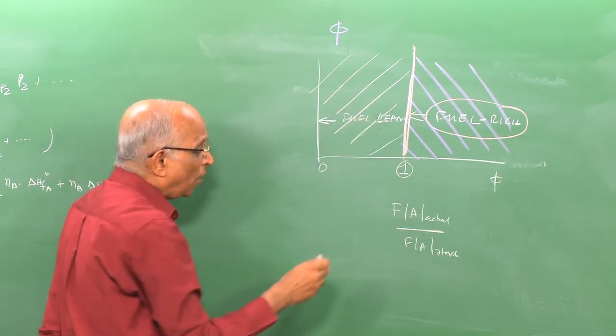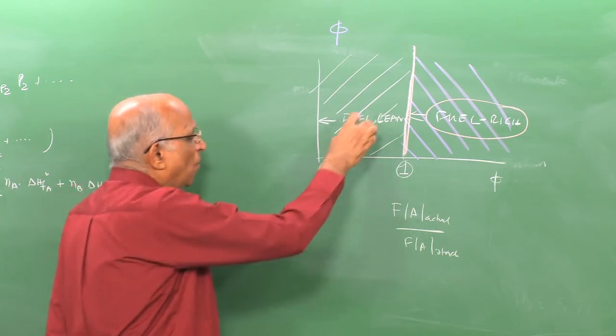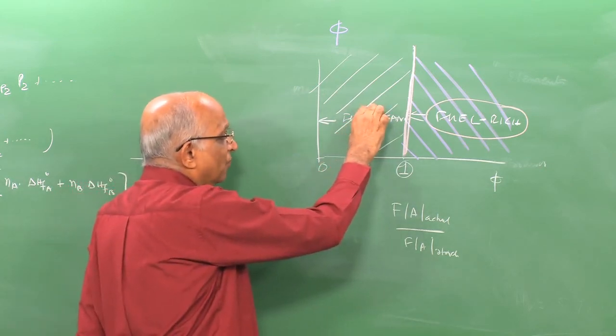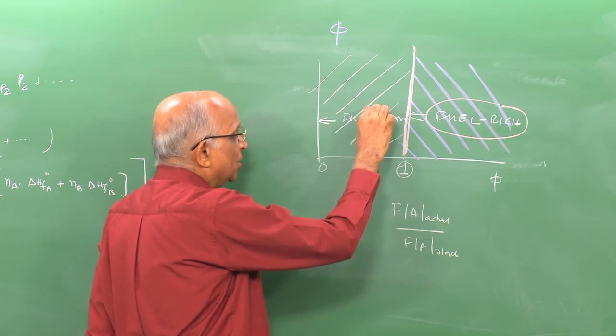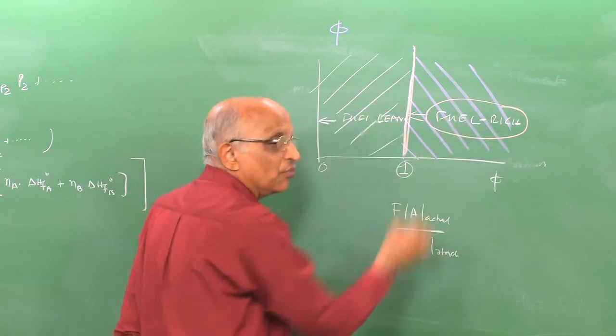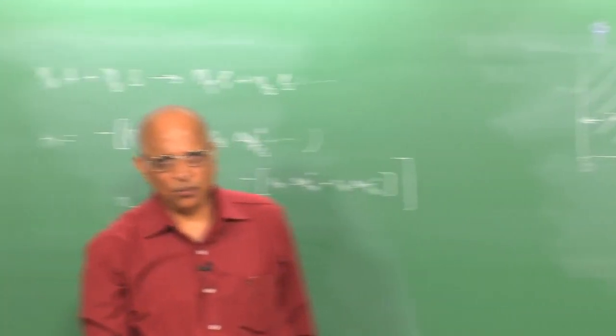So how do I modify whatever we have done for the stoichiometric mixture to get the energy release from fuel lean mixtures and fuel rich mixtures? This is what I want to do now.